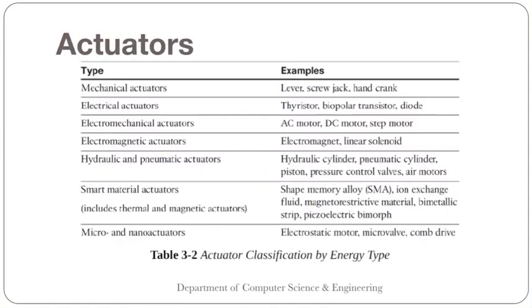Electrical actuators, like thyristor, bipolar transistor, diode. Electromechanical actuators, electromagnetic actuators like electromagnet, linear solenoid, hydraulic or pneumatic actuators, smart material actuators, or micro and nano actuators. So these are the different actuator classifications based on energy type.